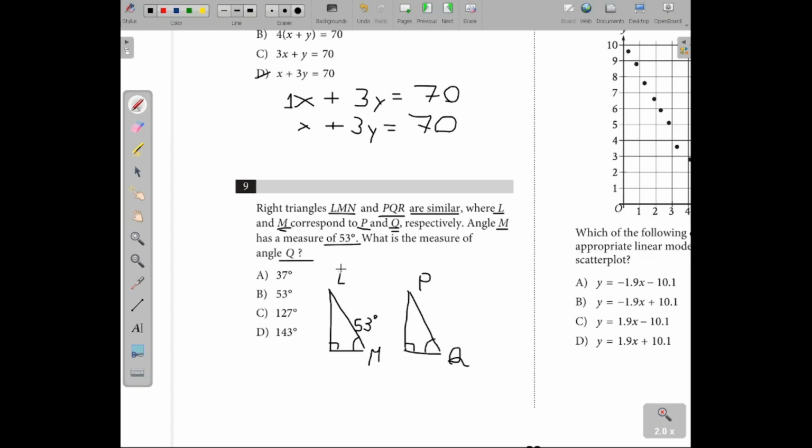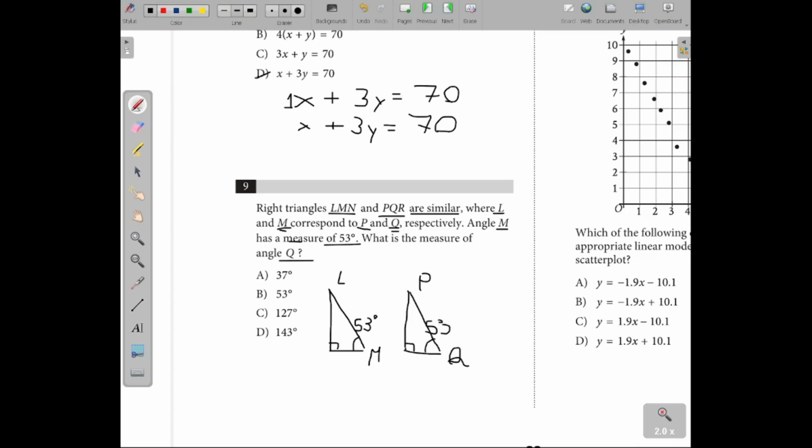What is the measure of angle Q? Since these triangles are similar, their corresponding angles have to be the same measure.